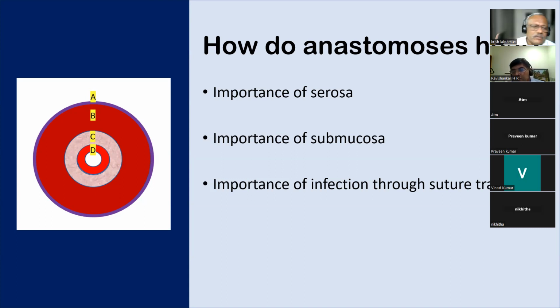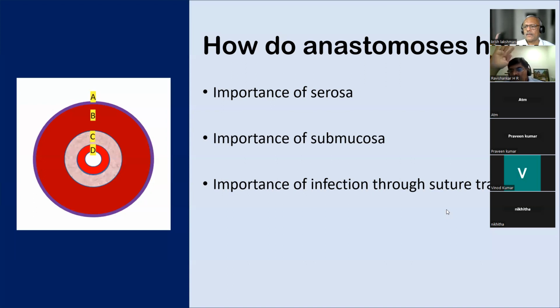So it's important that you understand that the serosa is important for sealing, does not really give you strength. The submucosa gives you strength, and you must try and avoid a tract that would facilitate the passage of an intraluminal bacterium or the infection to reach the extramural part of the gut.